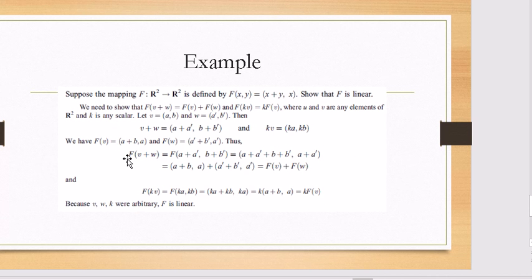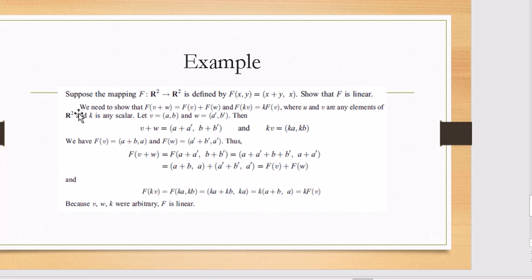Now we will discuss another example of a linear map. Suppose F is a function from R2 to R2, defined like this: F of (x, y) equals (x plus y, x). And now we will show that F is linear.